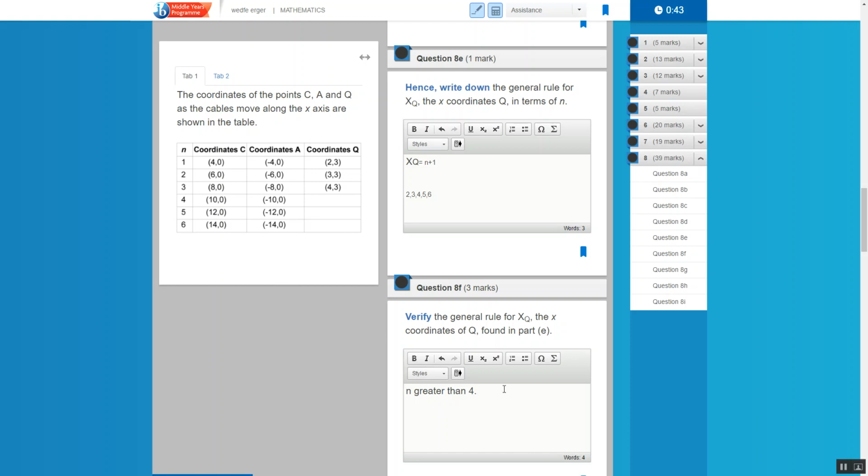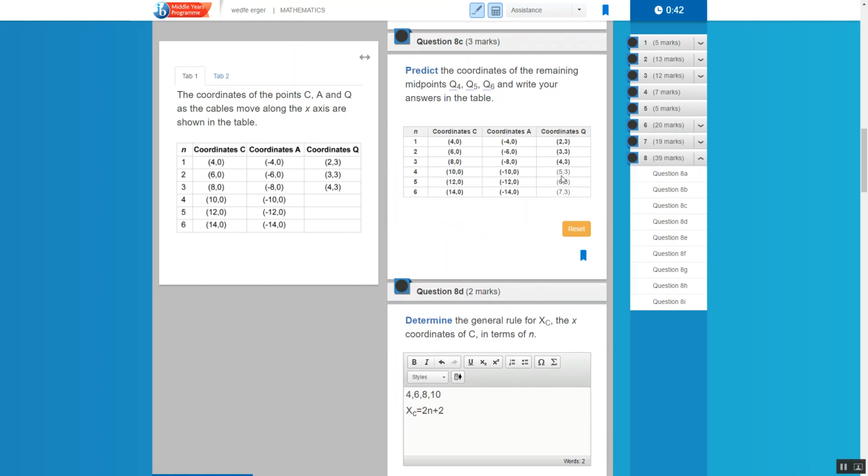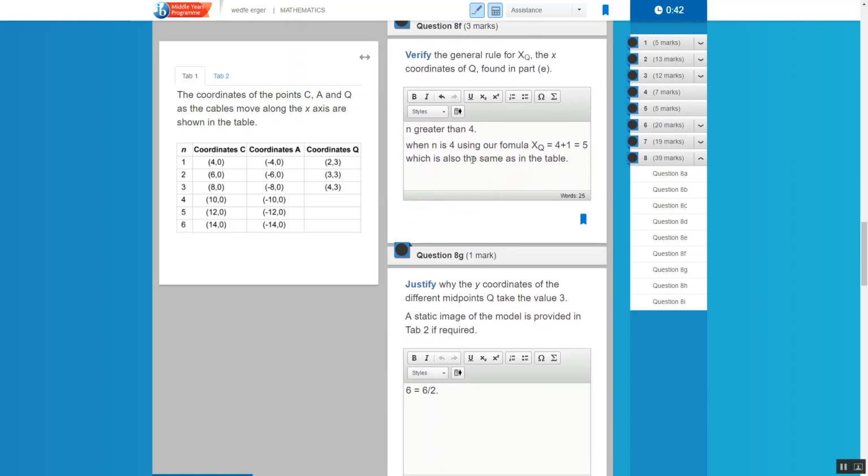So when n is 4, using our formula, xq is equal to 4 plus 1, which is equal to 5, which is also the same as in the table. And you have to put the justification, okay? You can see it's the same up here because we have filled it in. Okay, and you have to state this. You have to acknowledge that the two values are equal.